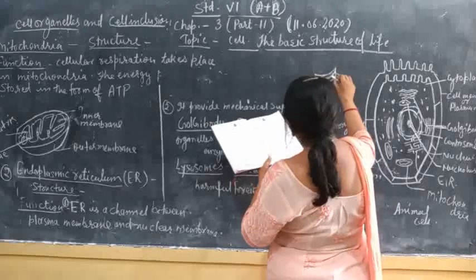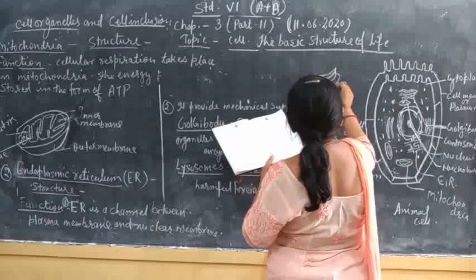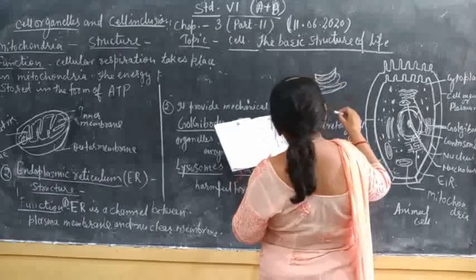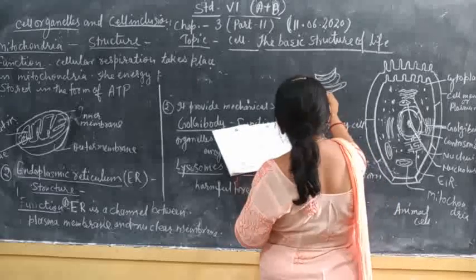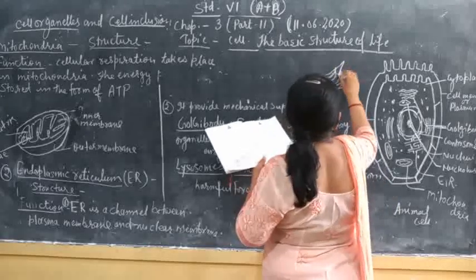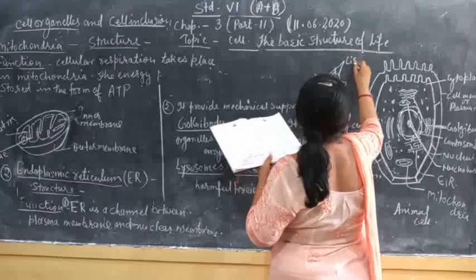The sac-like structures are called cisternae.